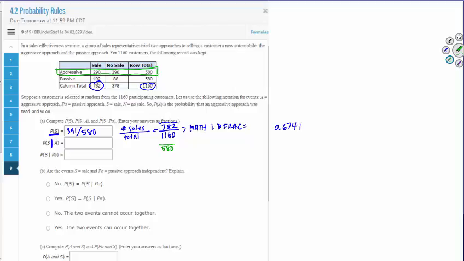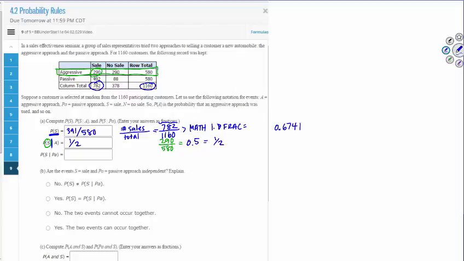The number of those that were a sale under the aggressive approach were 290. 290 divided by 580 is 0.5. I hope you don't need a calculator to turn that into a fraction. 1 out of 2. So 50% of aggressive approaches result in a sale.